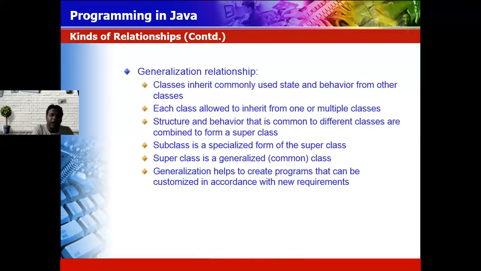Each class is allowed to inherit from one or multiple classes. XP, XP2, you move to Windows 7, you move to Windows 8. So from one class you go to different classes. Structure and behavior that is common in different classes are combined to form a superclass.